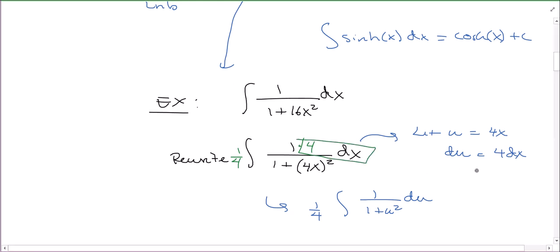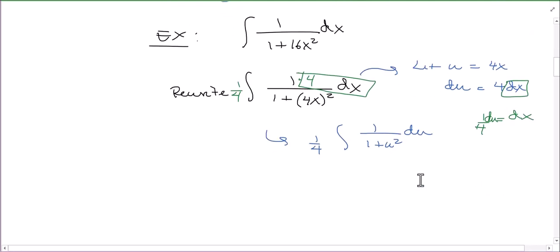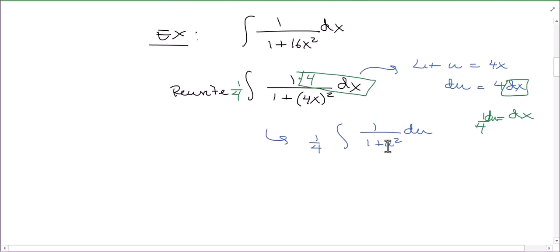What I did in the prior videos is I was solving for just a dx. So my dx, another way you can think of it, is 1/4 du. And so notice that we still get the same integral. And now I recognize that this is the inverse tangent of just u, because now I have just the 1 in front of the squared term.